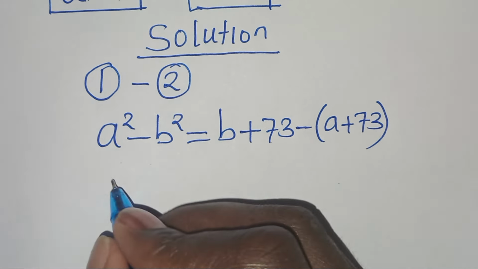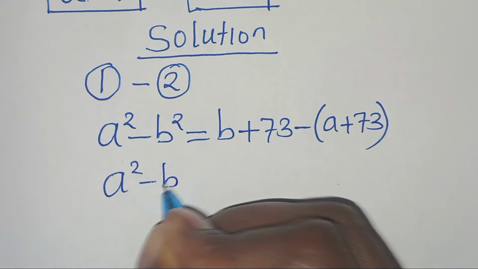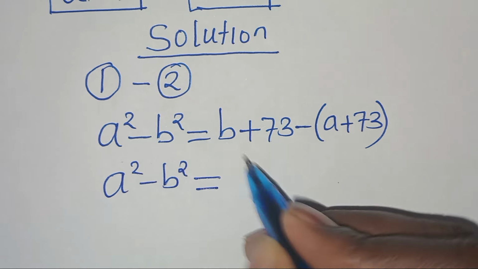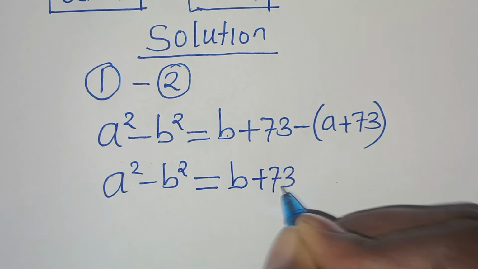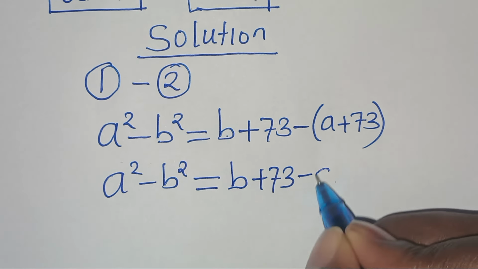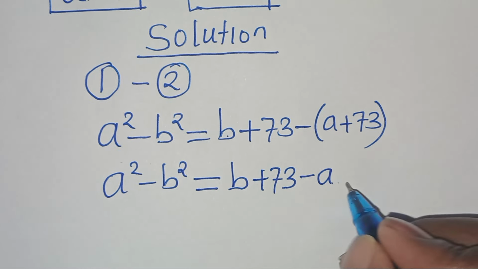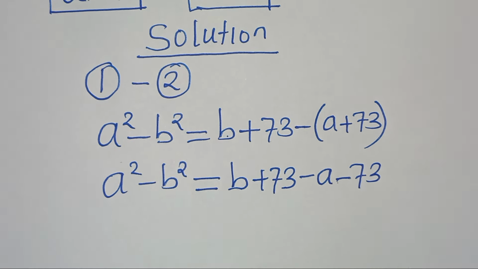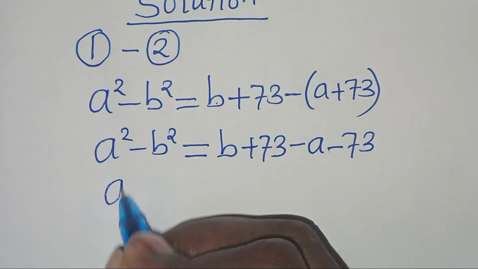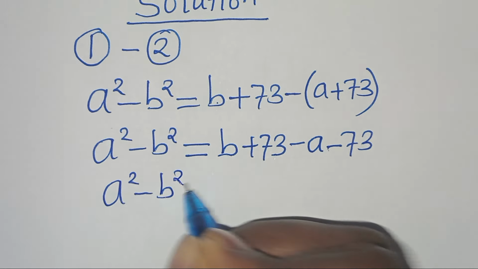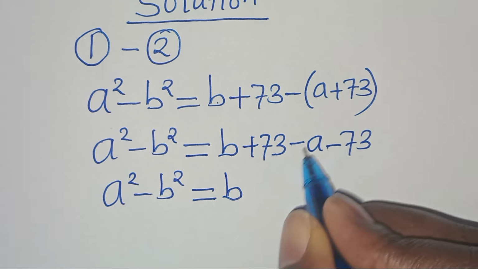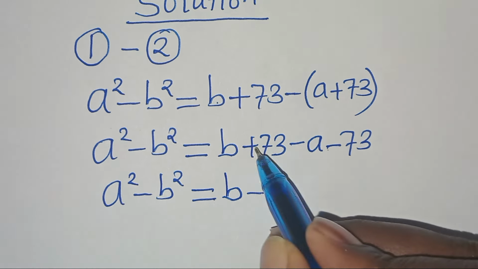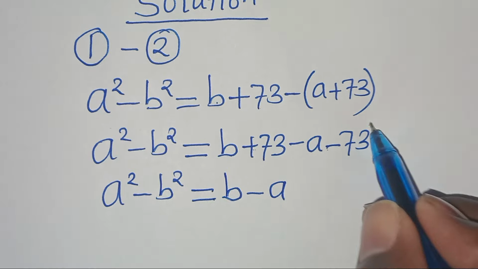So that now here this is a squared minus b squared, this is equal to b plus 73 minus a minus 73. So this means that a squared minus b squared, this is equal to b minus a. Then we have plus 73 minus 73.